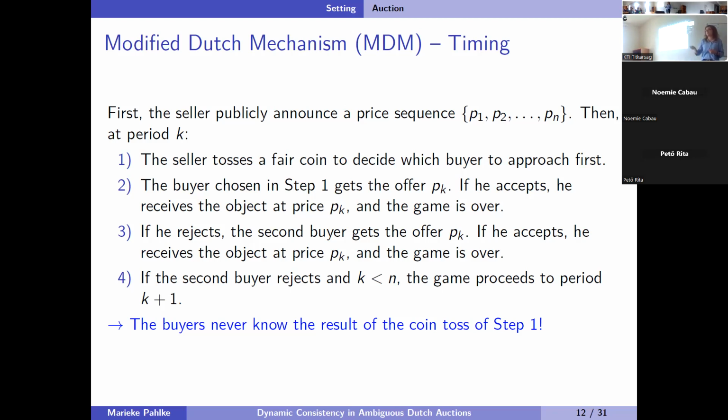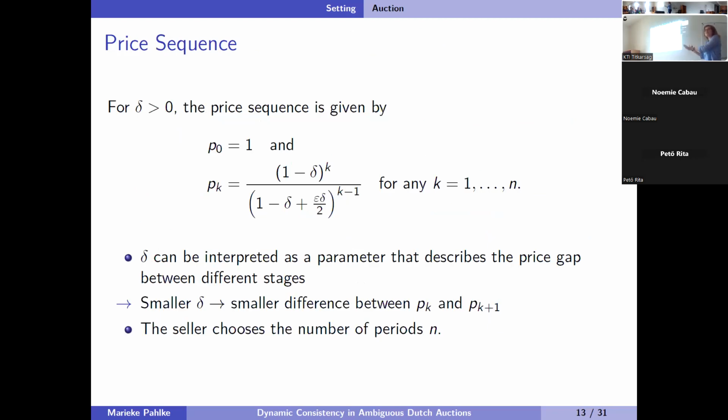In each round, we have a lower price. So the question is, how do we find a good price sequence? What we want to show is that we can find a price sequence such that the seller can extract almost all. We look at just one specific price sequence, and no worries, you don't have to remember this. It's just this feature here, the delta, that gives us a description of the price gap. So how much gap do we have between each price?